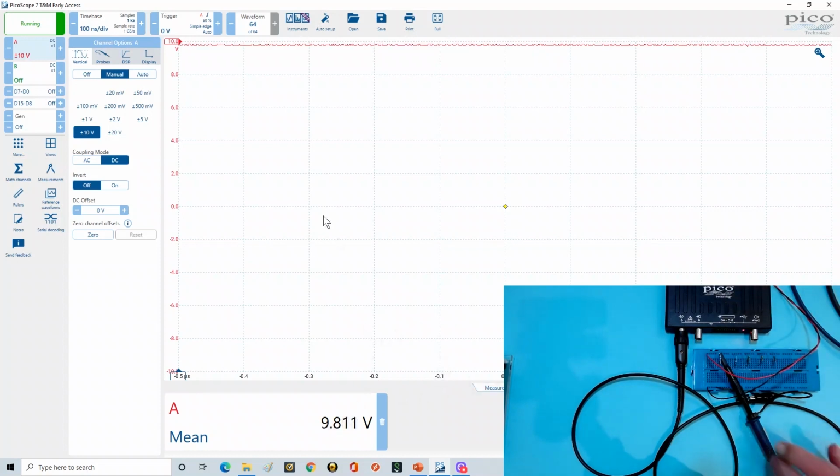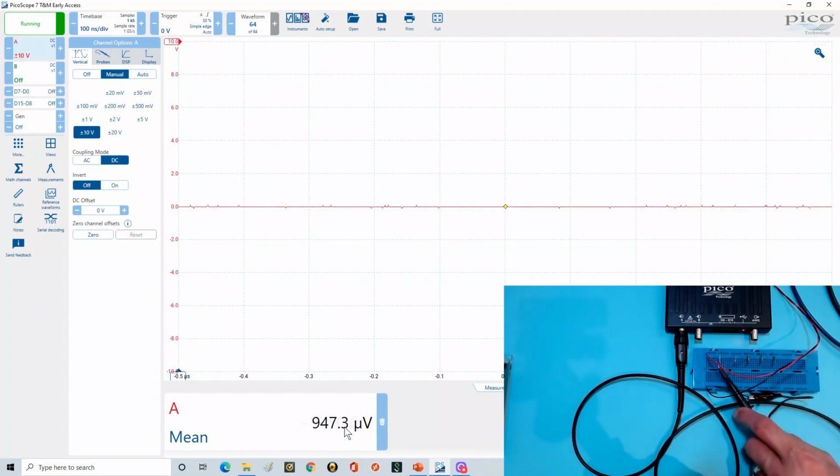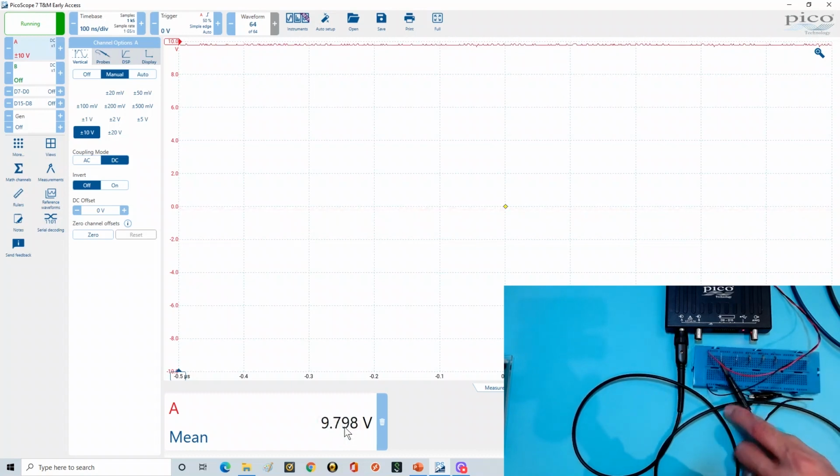So I'm going to measure and monitor this voltage as I move it around my circuit. This is my power supply going in, which is around about 9.8 volts. And I'm going to move my scope probe to the other side of my 1K resistor. And now you can see it's just dropped a teeny weeny bit, and it's now like 9.79, 9.8.